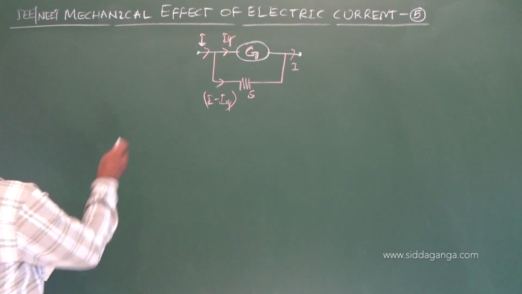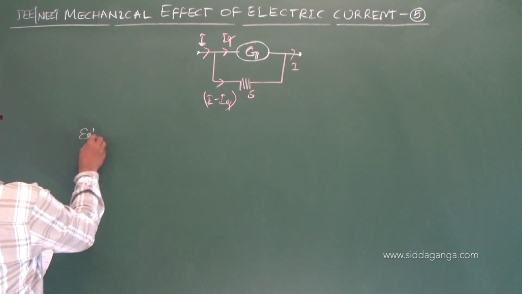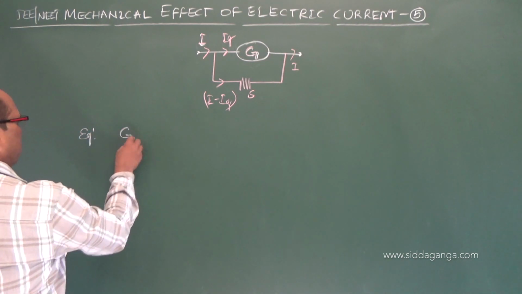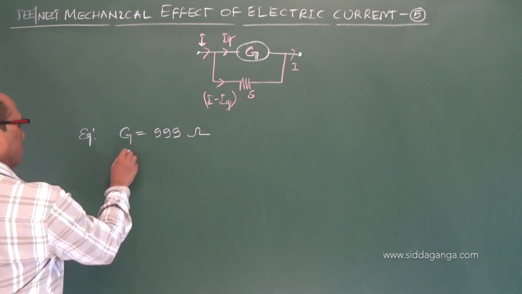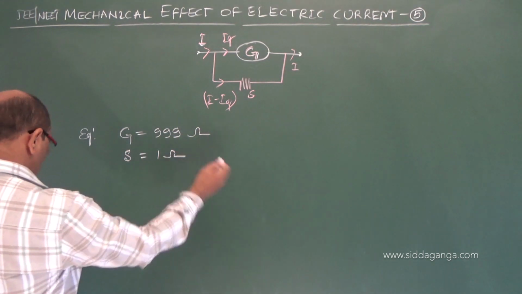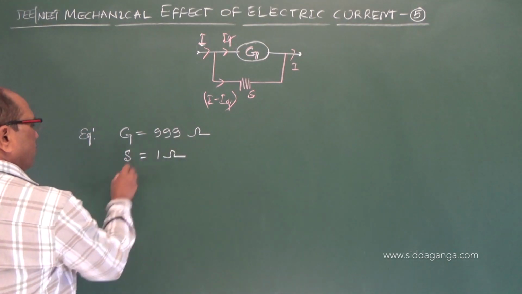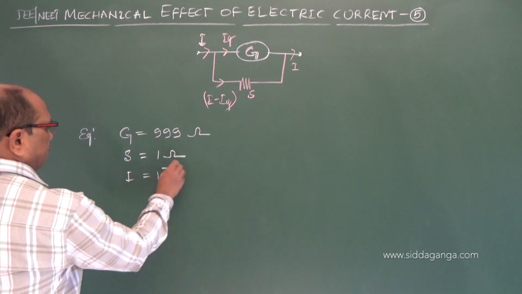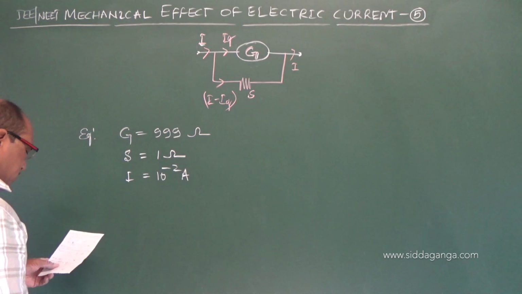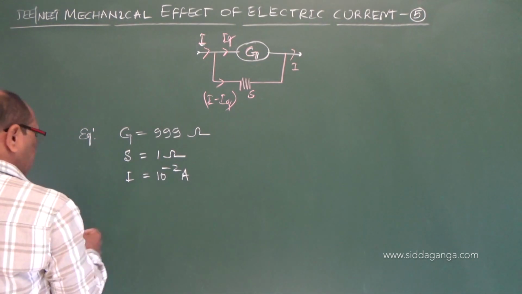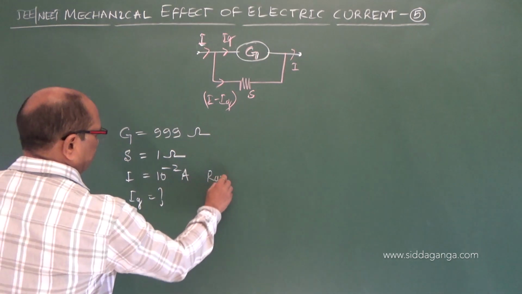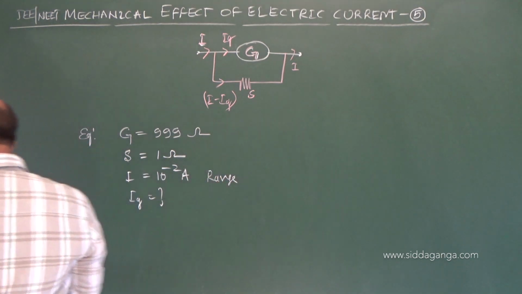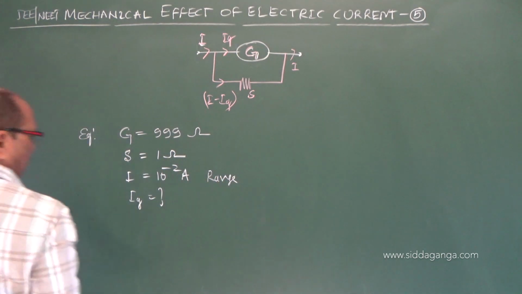Coming to the next one, given galvanometer resistance is 999 ohm, shunt resistance is 1 ohm given, main current, maximum current is 2 ampere measures. What is the current flowing through G for this range? What is the range of galvanometer?